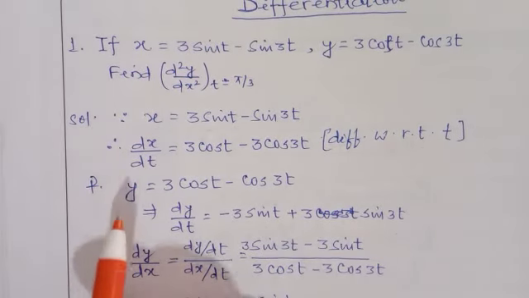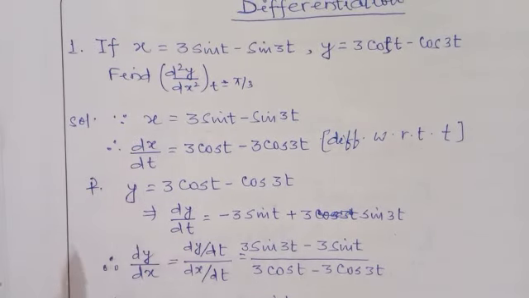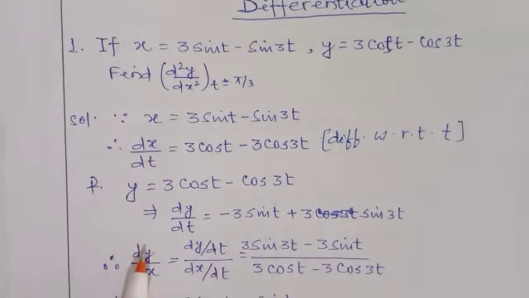Divide them. We have to find first dy by dx. So dy by dx should be written as dy by dt upon dx by dt. dy by dt, which you have just calculated, is 3 sin 3t minus 3 sin t, and differentiation of x will be 3 cos t minus 3 cos 3t. Here we should take 3 as common.